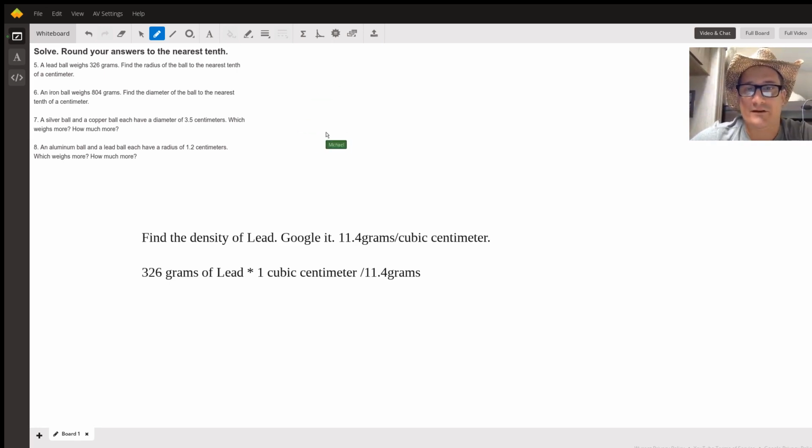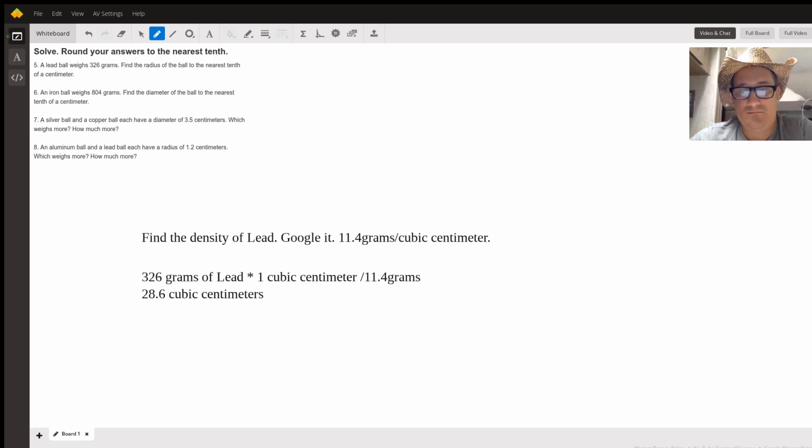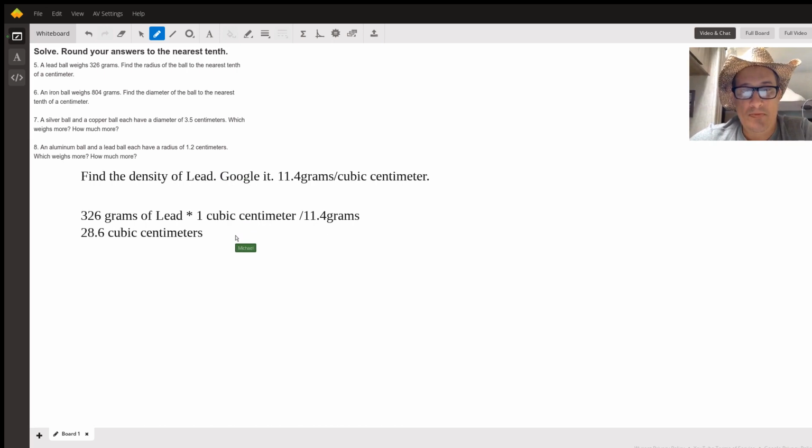Is there a little calculator on here? 326, so you get 28.6 cubic centimeters. That's a measure of volume right there.